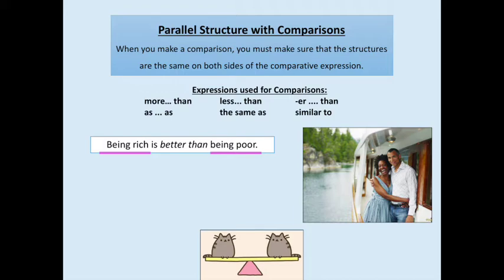So these are parallel. They have parallel structure. The second sentence. Golf is less interesting than football. The two parts being compared are golf, a noun, and football, a noun. So this has parallel structure.